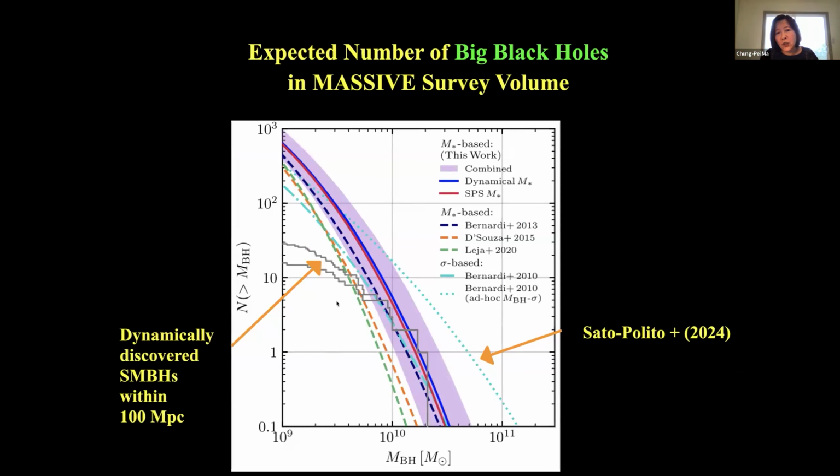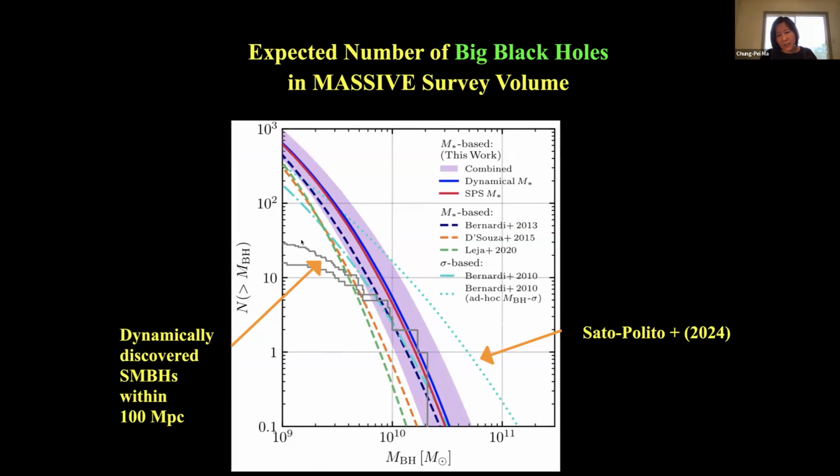That's shown in this histogram. This is just all the dynamically measured known ones. It's very comfortable at the high mass end. Basically, it's consistent with the current known population.